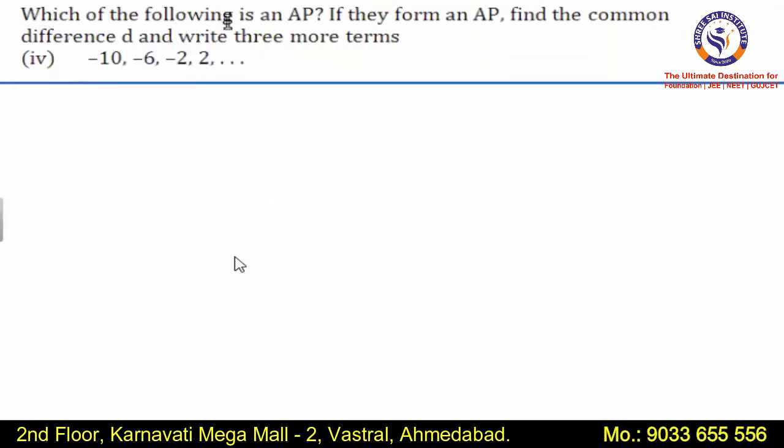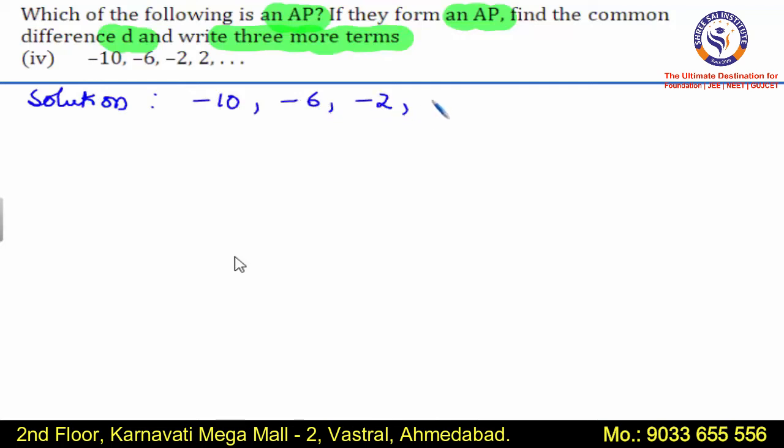This question says, which of the following is an AP? If they form an AP, find the common difference d and write 3 more terms. Let's begin with the solution. The given set of numbers are minus 10, minus 6, minus 2, 2 and so on. Let us denote the given list of numbers by A1, A2, A3, A4 and so on.